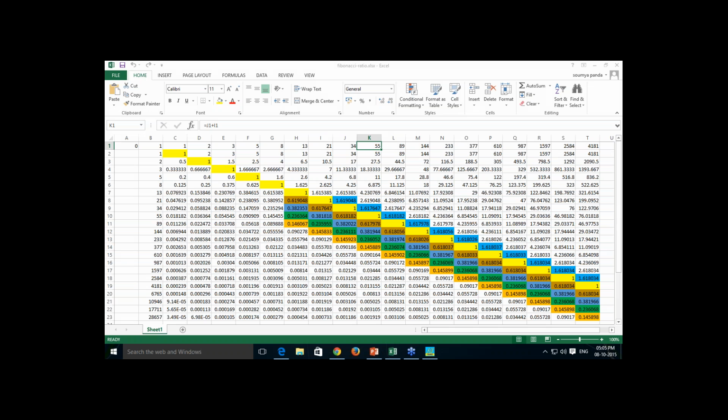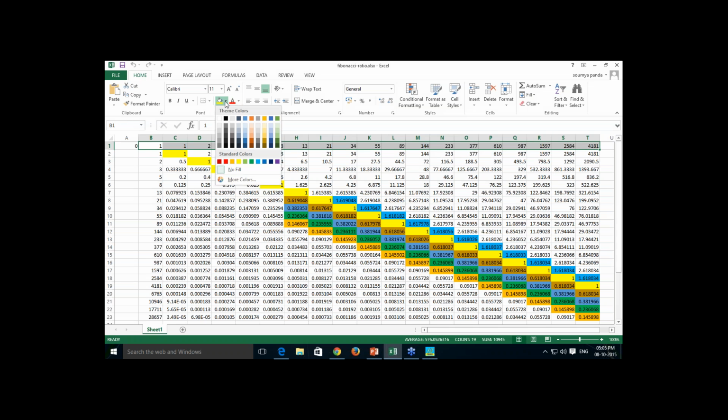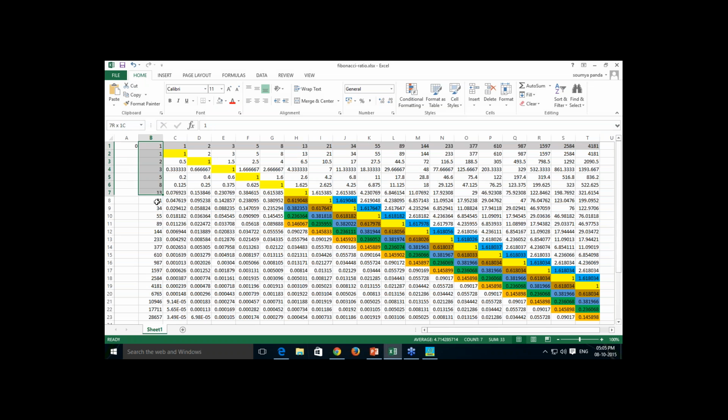Similarly, if I put the Fibonacci numbers on the upper row and give them a small color, and in the same way put the Fibonacci numbers on a lower row, then whenever I divide one Fibonacci number by another Fibonacci number, I get some ratios.